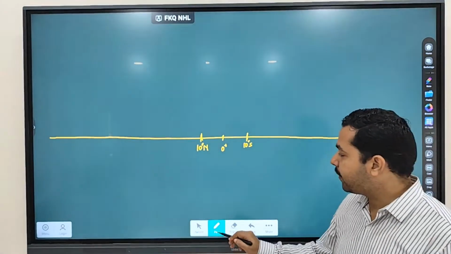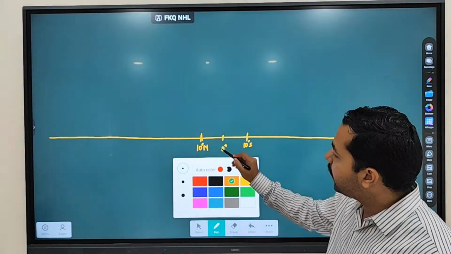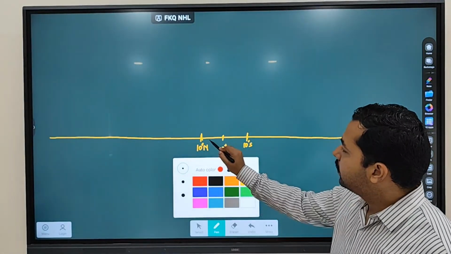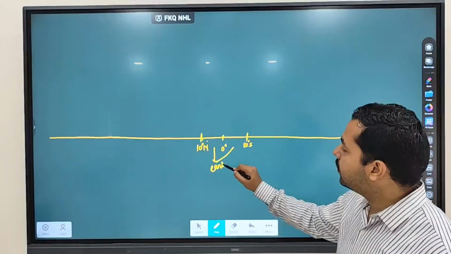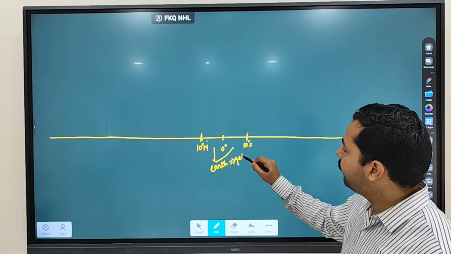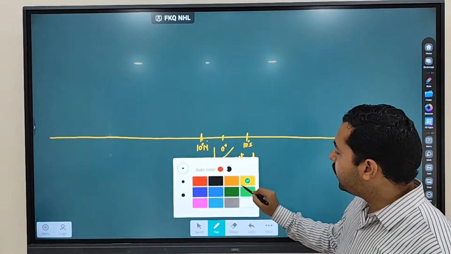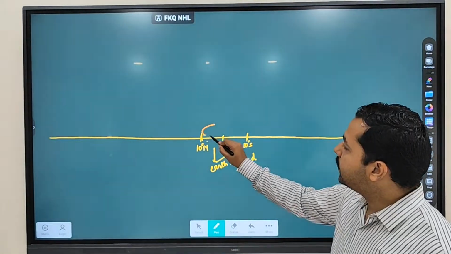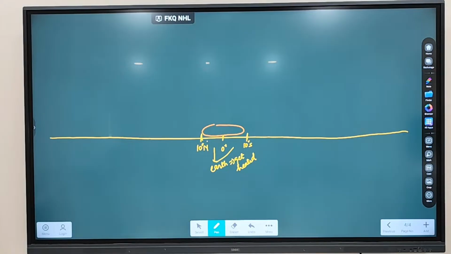Sunlight. It receives maximum amount of sunlight. So when maximum sunlight is there, the earth here will get heated. So what will happen to the air? Air in contact with the earth will also get heated.